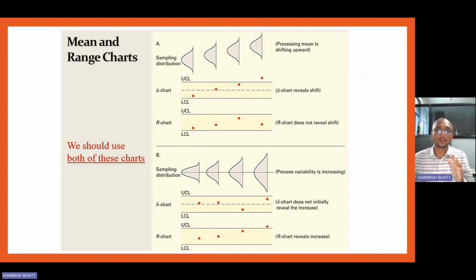So whenever we are going to make the decision whether the process is under control or it is not under control, at that time X bar chart as well as R chart both must be prepared, and by looking at both of the graphs, the decision should be made whether the process is under control or it is not under control and some corrective actions are required. Thank you.